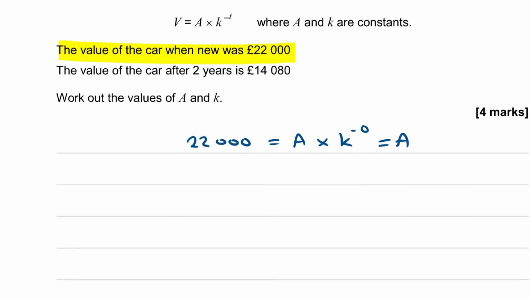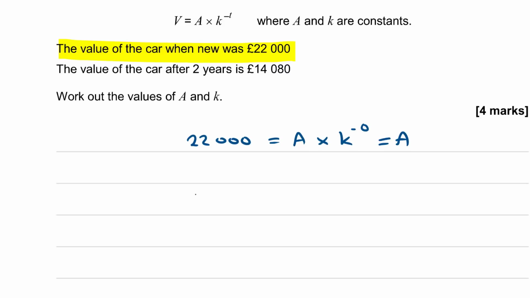And then the value after 2 years is 14,080. So subbing those two values in as well, 14,080 is equal to A, which we've just discovered was 22,000, times k raised to the power of minus 2.